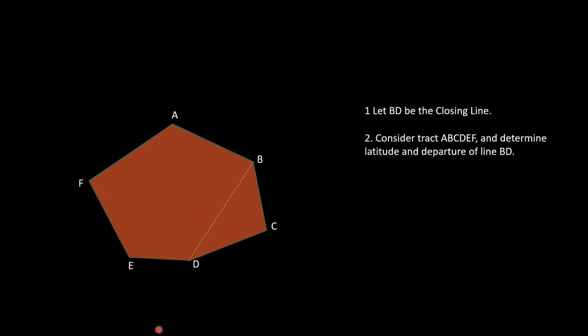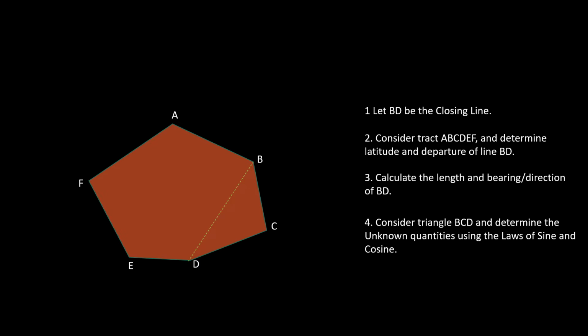So consequently, we'll be able to calculate the bearing or direction of line BD as well as its length. Once we have done that, we can then isolate triangle BCD, and we can work on the unknown quantities using the laws of sine and cosine.